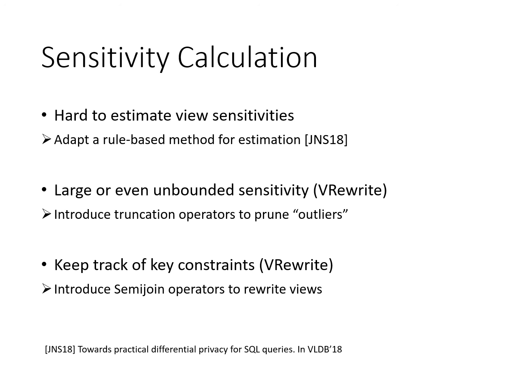And to address the problem of large or even unbounded sensitivities, the view rewrite module will introduce truncation operators to prune outliers. And to keep track of the key constraints, the view rewrite module will also introduce semi-join operators to rewrite views.